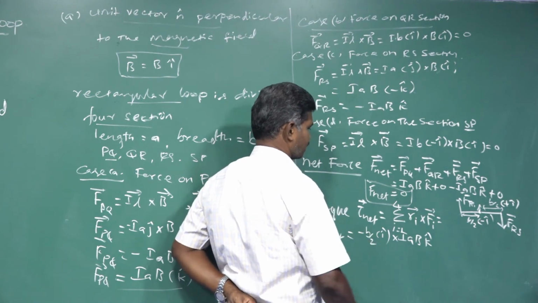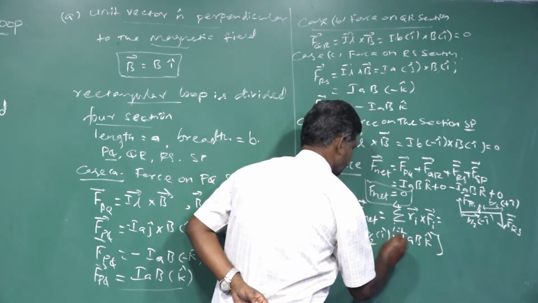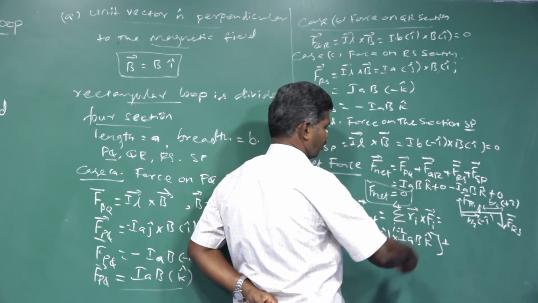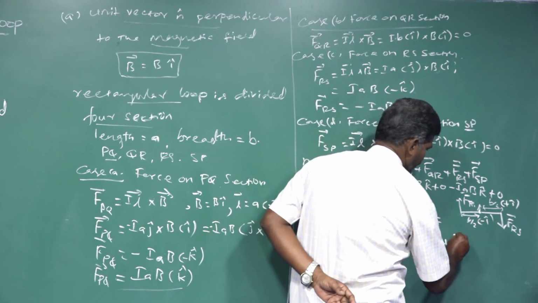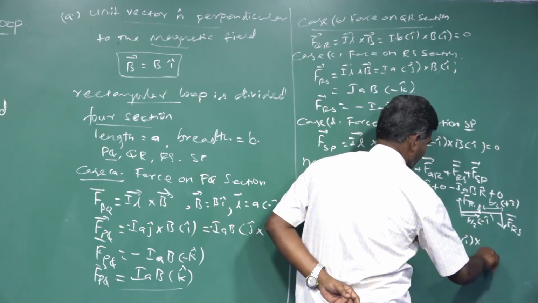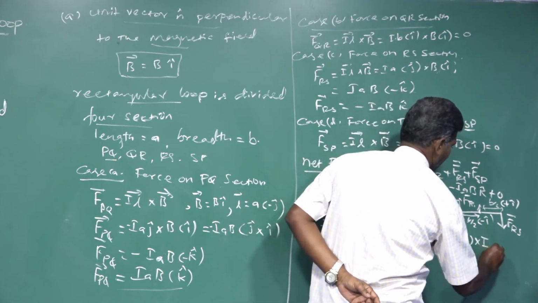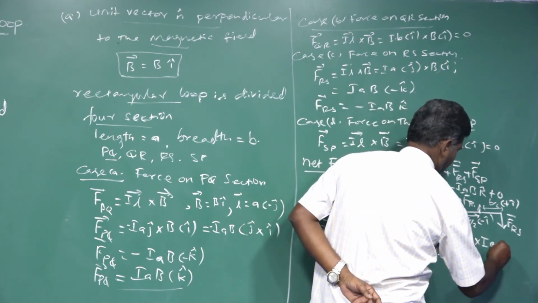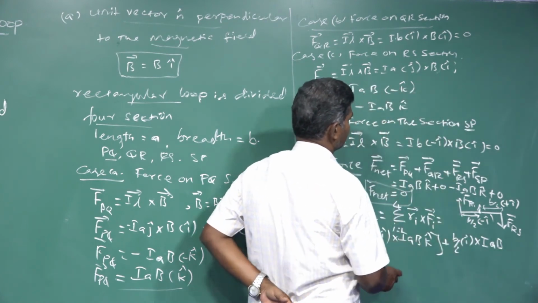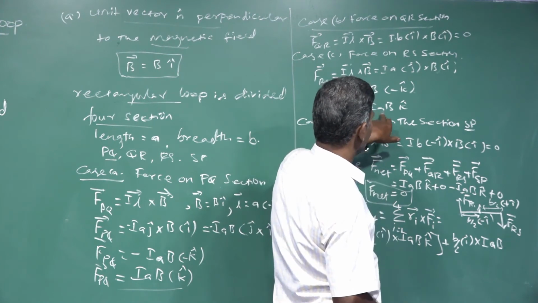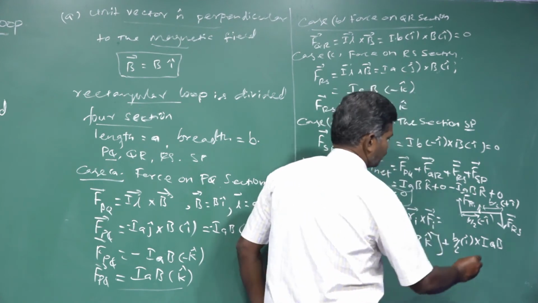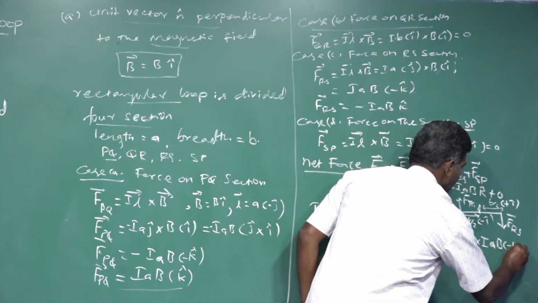Okay, this is the first one. Then second one is 0. The third one we are going to take. For that third one, b by 2 into I cap cross, what is that? I a b into minus K cap.